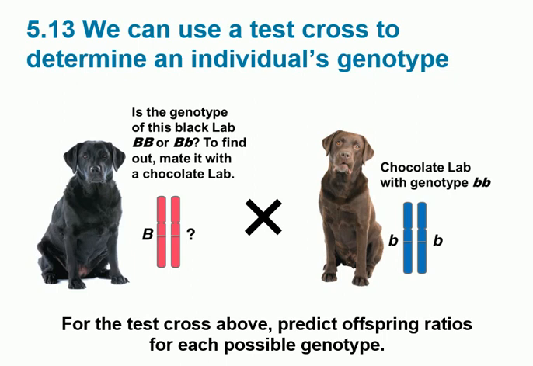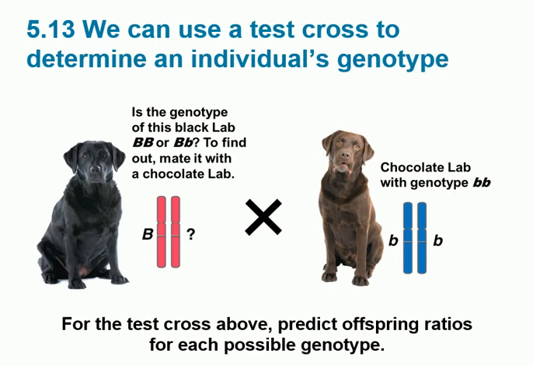But this is chocolate. For sure, it is what? Lowercase. Both of them are lowercase, for sure, right? Otherwise, it wouldn't be. If it has one and one, it will be black. If both of them are uppercase, it will also be black. So if you see the recessive showing up, the only chance is both of them are recessive, right? And this, we don't know.